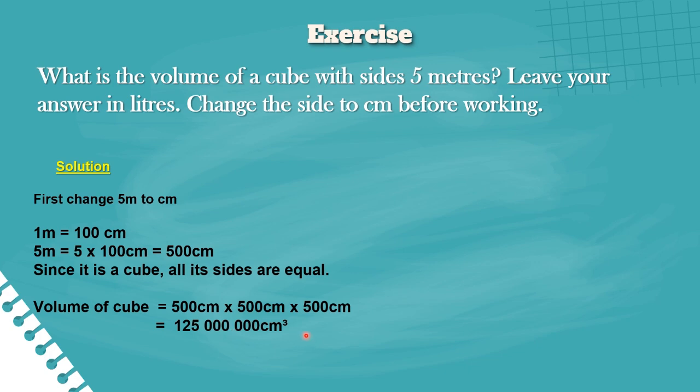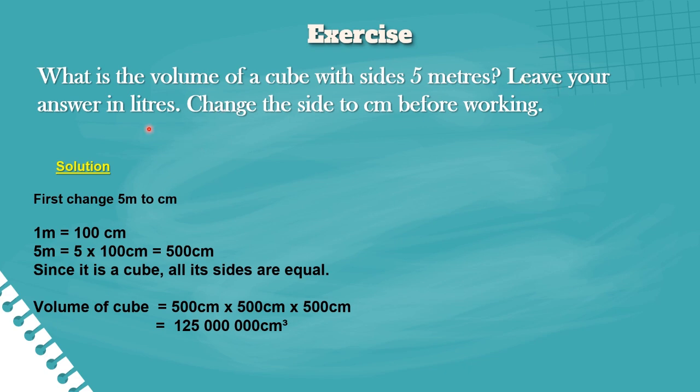That's how to multiply numbers that end with zeros. Pick the non-zero numbers and multiply them by one another. Then you add all the zeros you have in the question. So when I multiplied my 500 centimeters by 500 centimeters by 500 centimeters, the answer was 125 million centimeter cube.